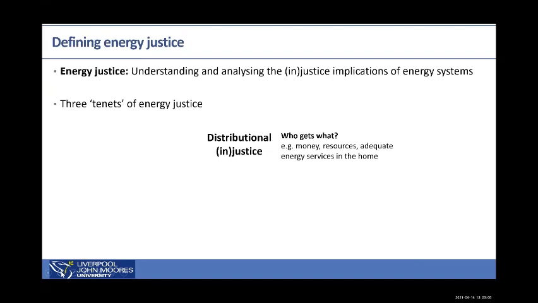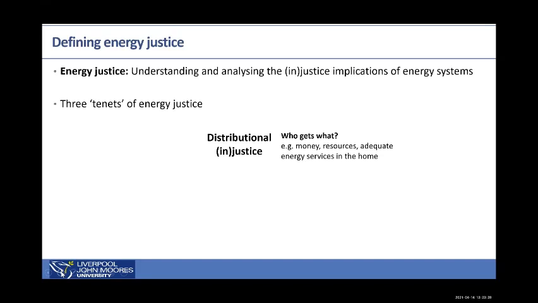And this is basically asking the question, who gets what? We can think about that in terms of money and other kinds of resources, like maybe housing, for example. But in terms of energy, we might talk about who's getting adequate energy services in the home. We might talk about who's getting the benefits and who's getting the burdens of different kinds from energy systems.